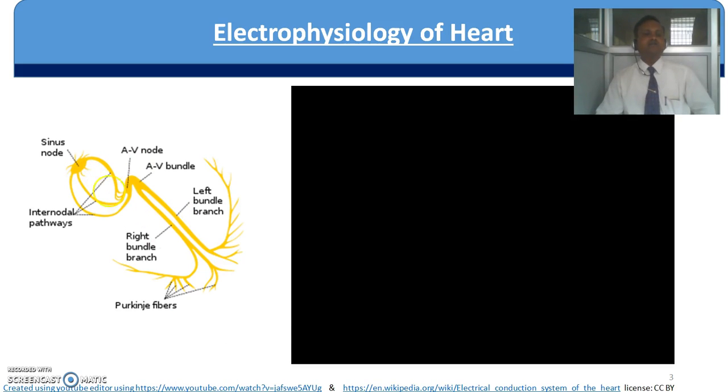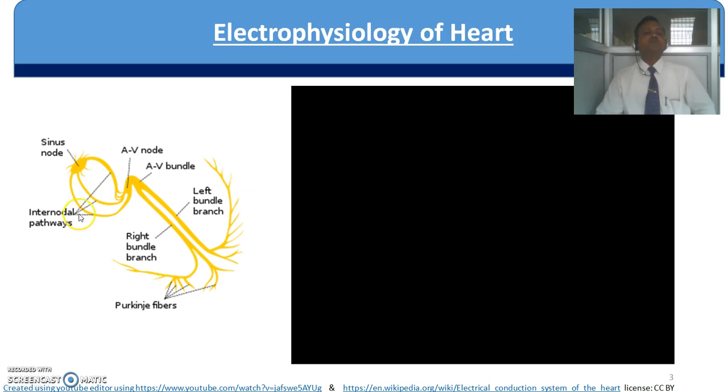Now, in the heart there are specific conductive tissues which form a fine network of conductive cells, having the capacity to generate their own impulse automatically, and to transmit it from one place to another, from auricle to ventricle in the heart.